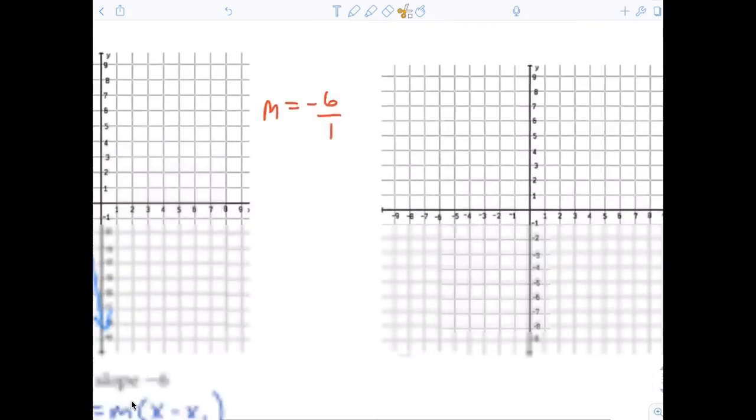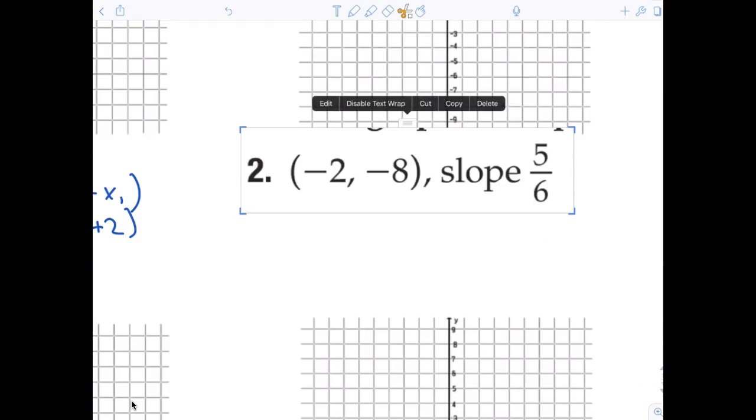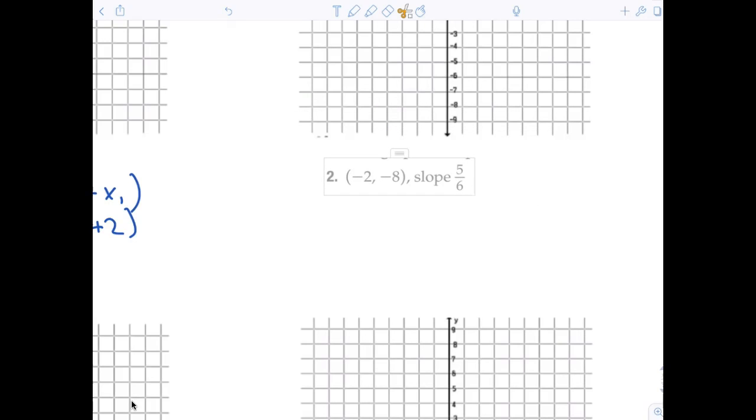Let's go back down. And remember, I'm trying to get people to participate. Of course, Allison, I always appreciate you volunteering. Help me out with number 2. Good job, girl.